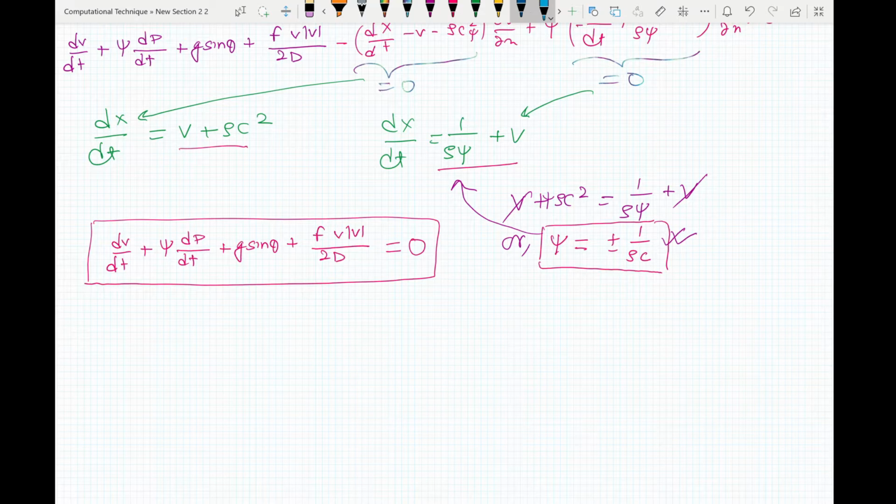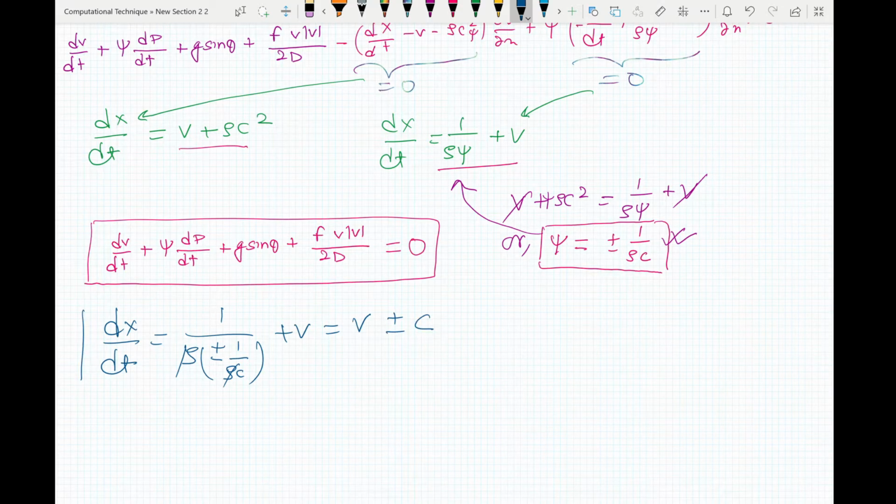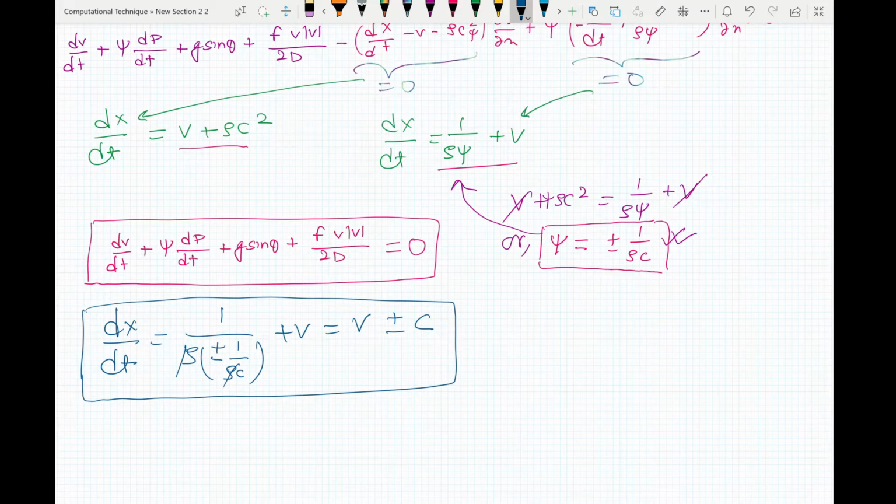Now your characteristic equation will be dx by dt equals 1 by rho, plus minus 1 by rho c, plus v. Now this equals v plus minus c. So this is our characteristic equation for the gradually varied unsteady flow.